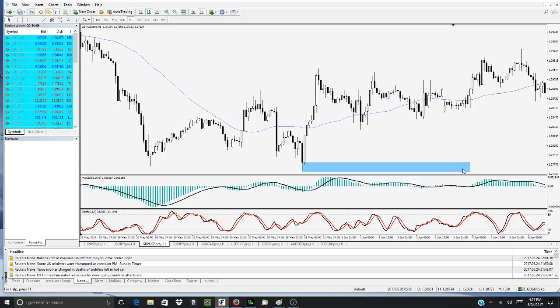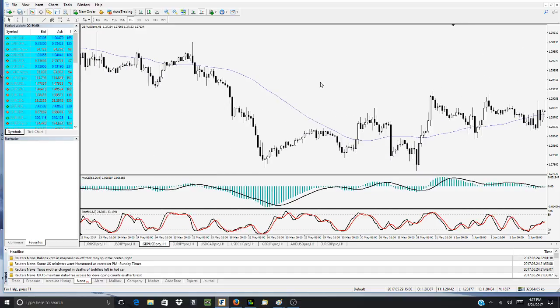But once it reaches the 3rd test, after that, I just get rid of it. I get rid of the shaded area and start again with a fresh new supply or demand zone. I wouldn't do more than 3 tests at max, because it starts to eventually weaken. So I'd start a new supply and demand zone.